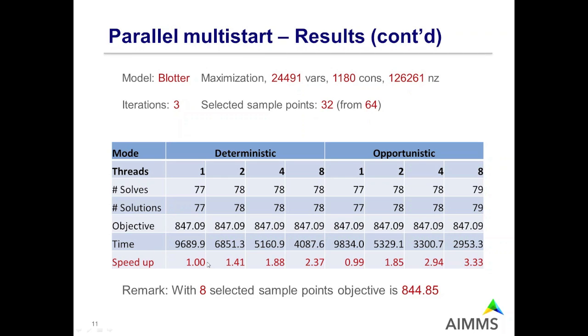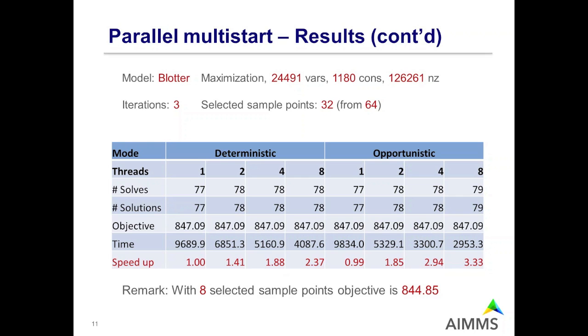In this case, we see that the speed up for opportunistic is almost 3 with 4 threads, and with 2 threads it is 1.85, which is a very nice speed up. With the deterministic approach, the speed up is much less, only 1.88 for 4 threads. So this example shows that especially the opportunistic multistart mode is very efficient for this model.